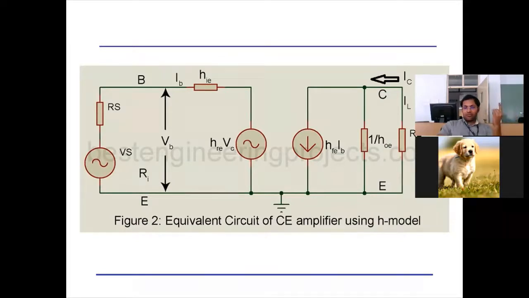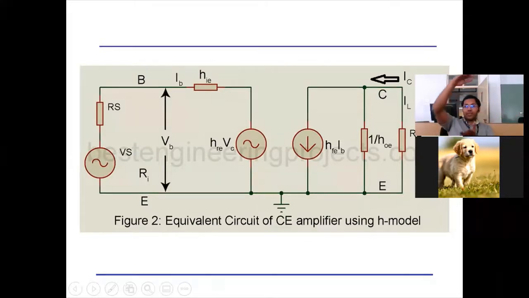So based on the approximation, we are getting simplification. First approximation, 1 by hoe. Usually hoe will be in the order of 10 power minus 3 to 10 power minus 4, so 1 by hoe will be in the order of 10 power 3 to 10 power 4, and that is much larger than this. For example, you are amplifying voice and connecting a speaker load.